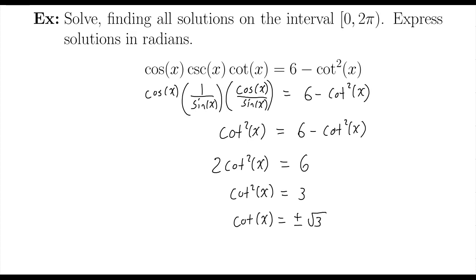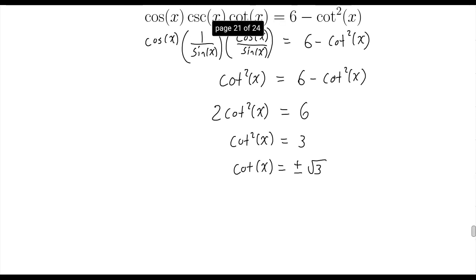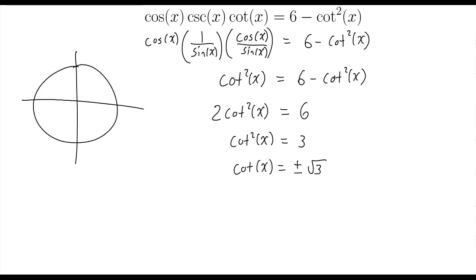Okay, so to figure this out on my unit circle, I should probably write this in terms of tangent, or at least think about cotangent for what it is. Cotangent is cosine over sine.